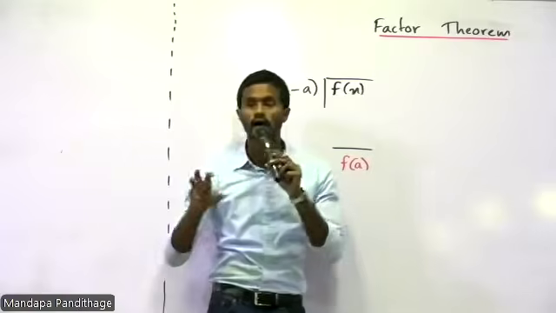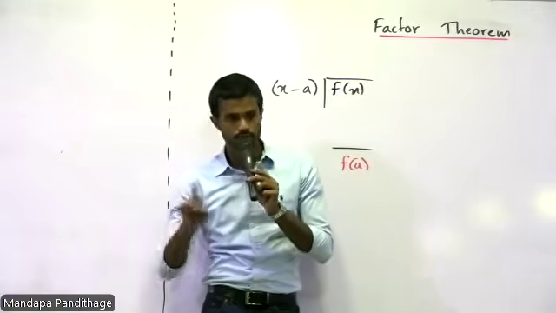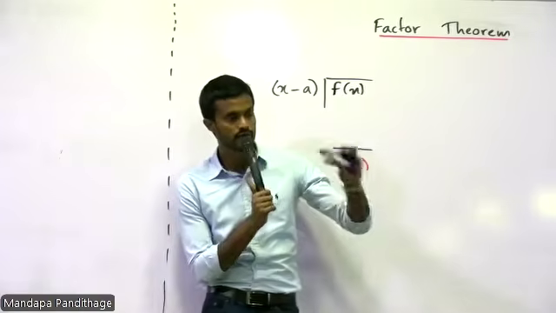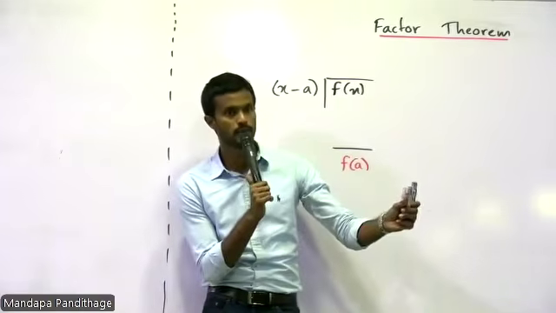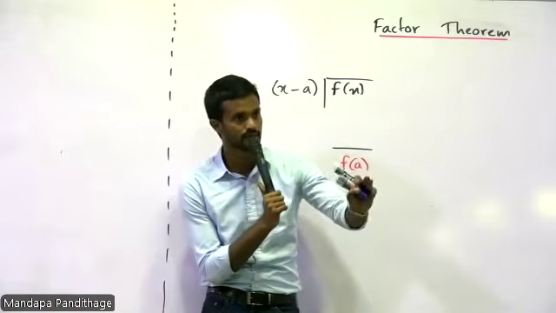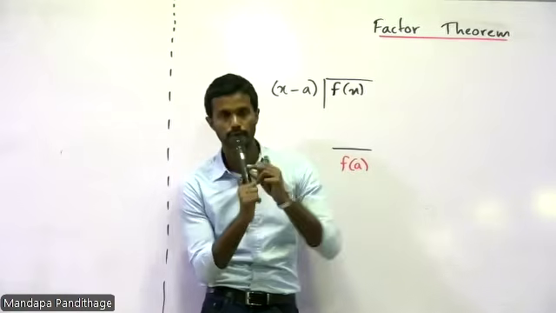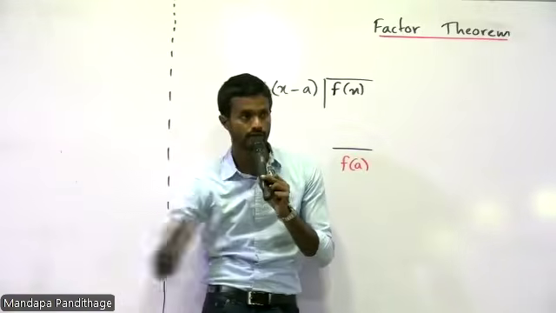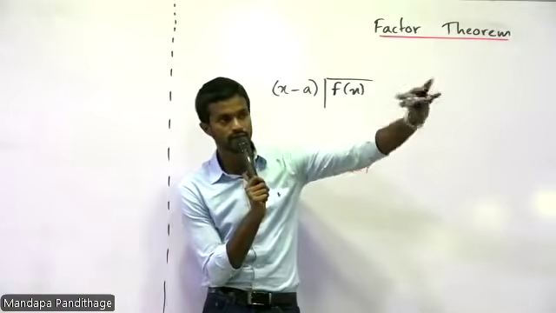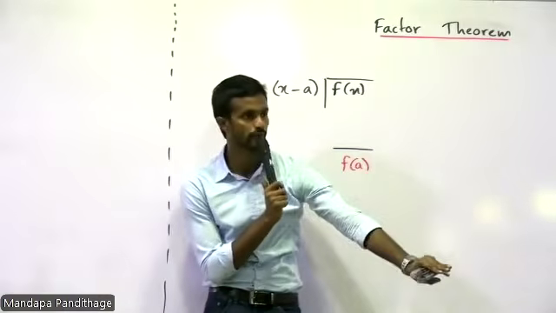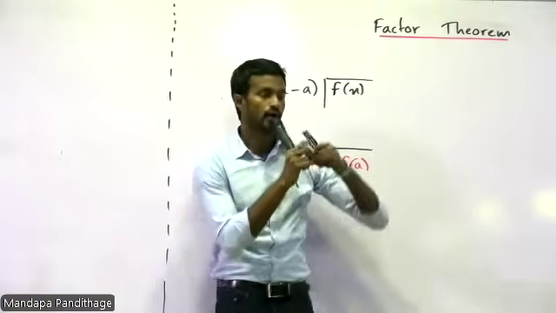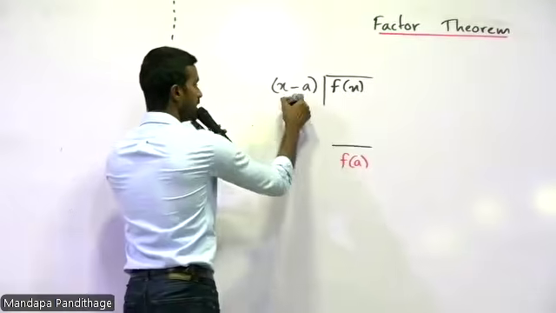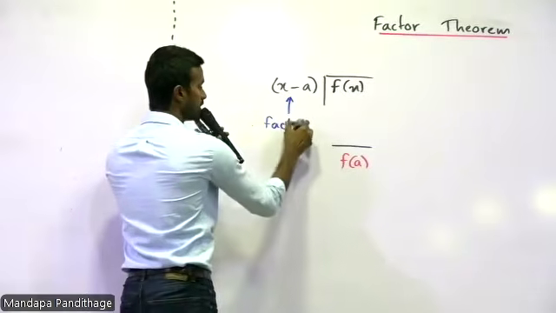So when we divide f(x) by x minus a, the remainder is f(a). That is one thing. From the other side, when we divide an expression or a number by a factor, the remainder is 0. Clear? Okay. Now I'm telling you, if x minus a is a factor of f(x).